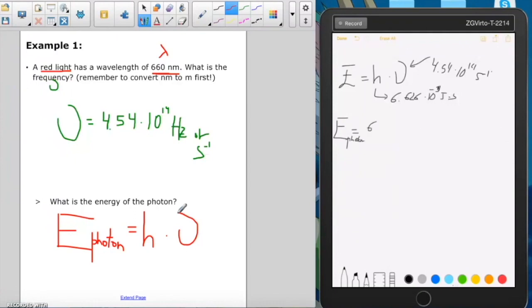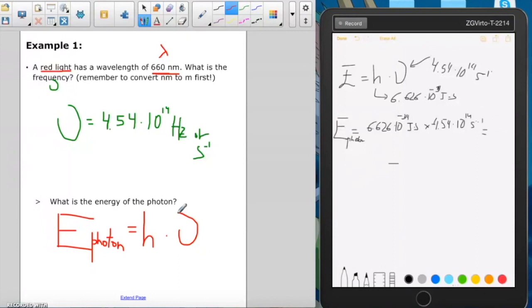So it's going to be 6.626 times 10 to the minus 34 joules times second, multiplied by 4.54 times 10 to the 14th seconds to the minus 1.